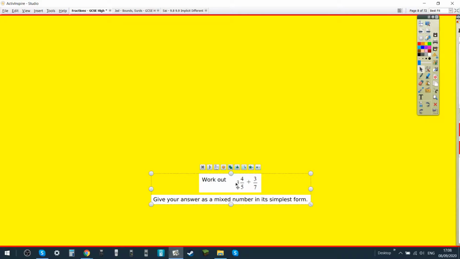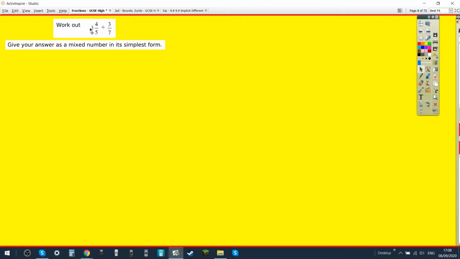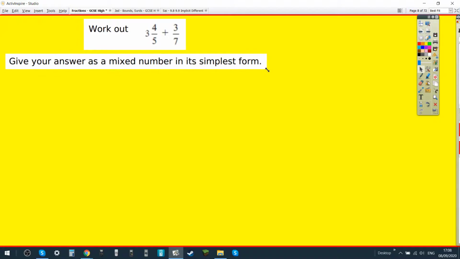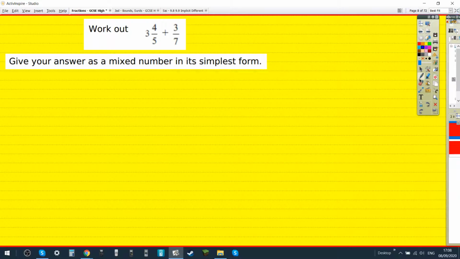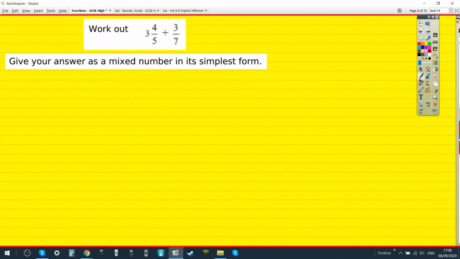Okay, how do we do this? Okay, so we need the common denominator, which will be 35. So then 4 would become 28.